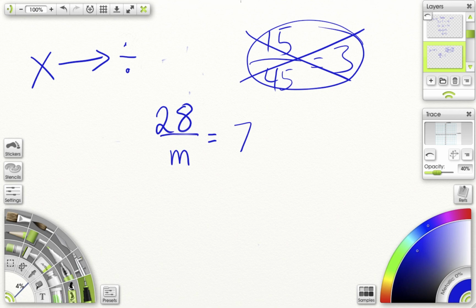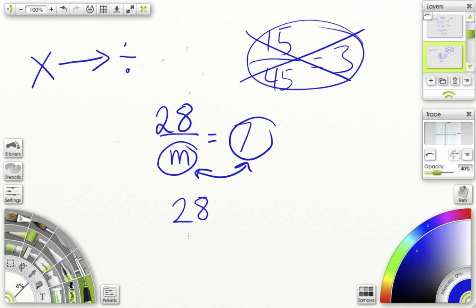Can I just do 28 times 7? No, it would not work. What I do is I switch these two around. So I take 28 and I put it over 7. So I put my 7 and I bring it over here. And that is equal to m. 28 divided by 7 is 4. So therefore, m is equal to 4.